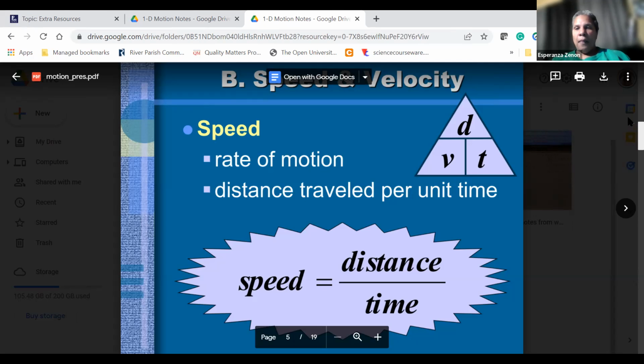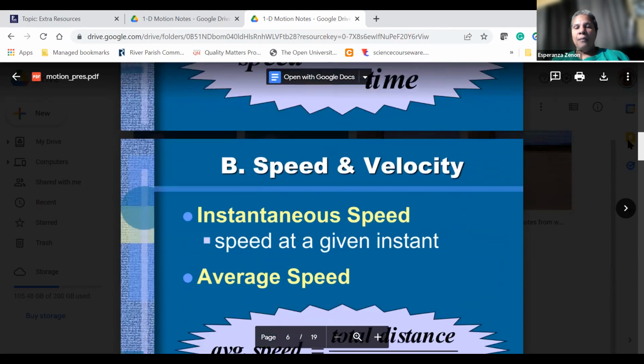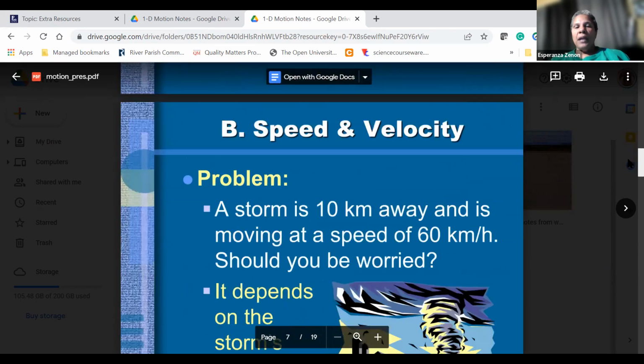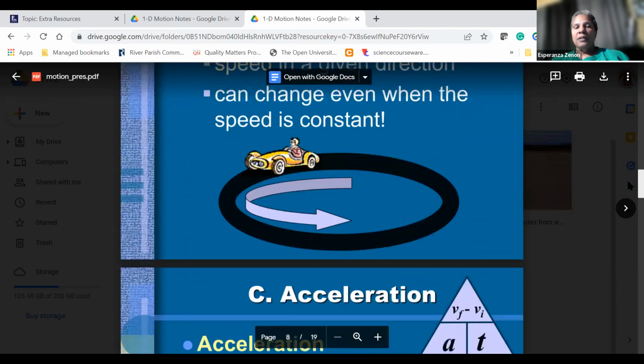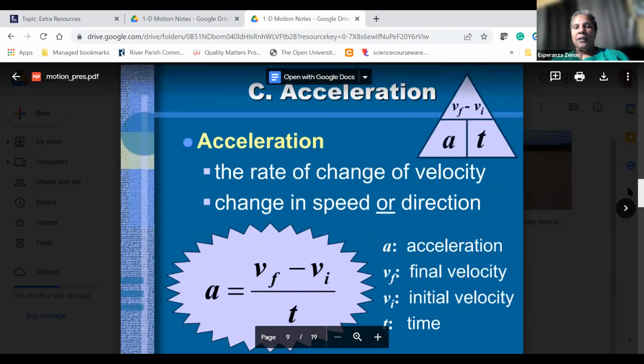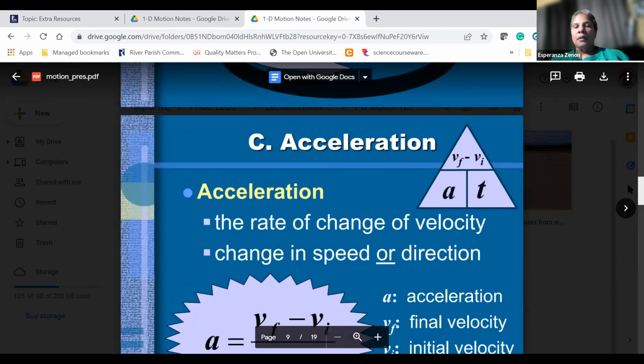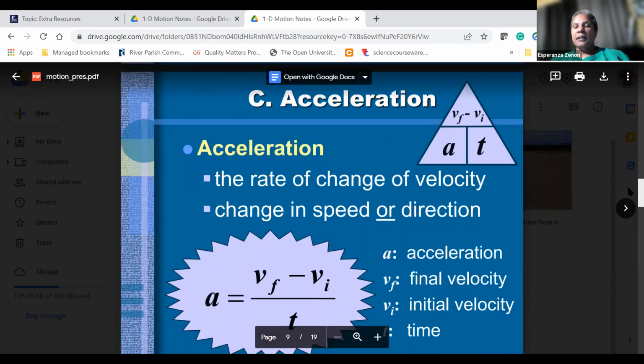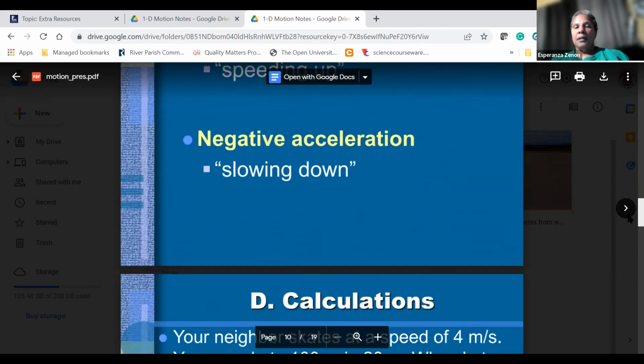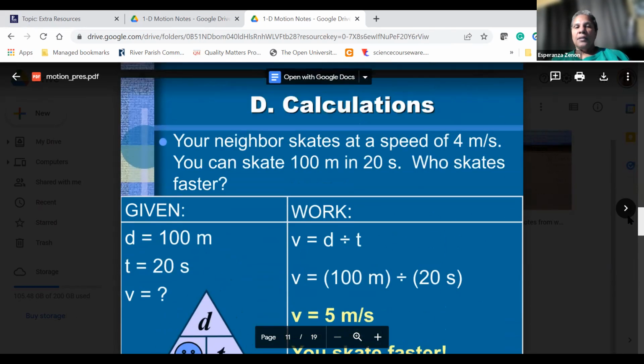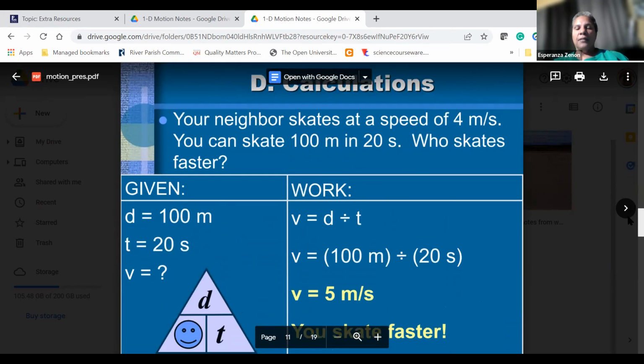Okay? So now, what kind of problems should you be able to solve using these pyramids? See, here's the one for velocity, acceleration, and time. Okay. So it says here, let's look at a couple of sample problems.